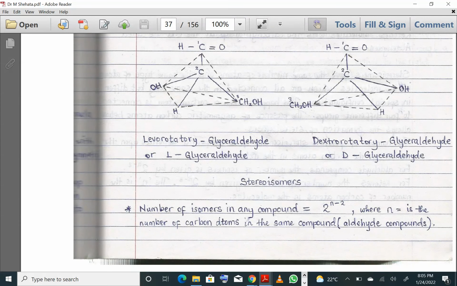Then on the right, you've got CH2OH. Then on the right diagram, you've got again the carbonyl group on top, CH2OH on the left, OH on the right, and then hydrogen down. So you see that carbon is attached to what? To four different groups. Therefore, it's a what?